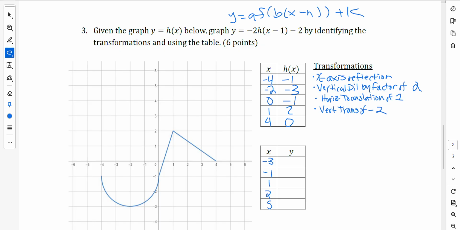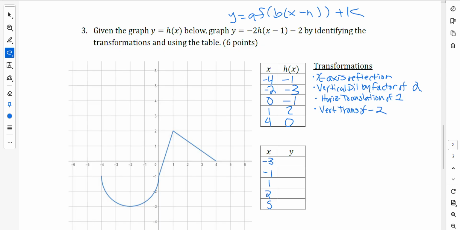If you had gotten these right, I'd have given you another point because you applied the horizontal translation correctly. Which means these other three, the reflection, the dilation, and translation, are all going to be applied to the y values.